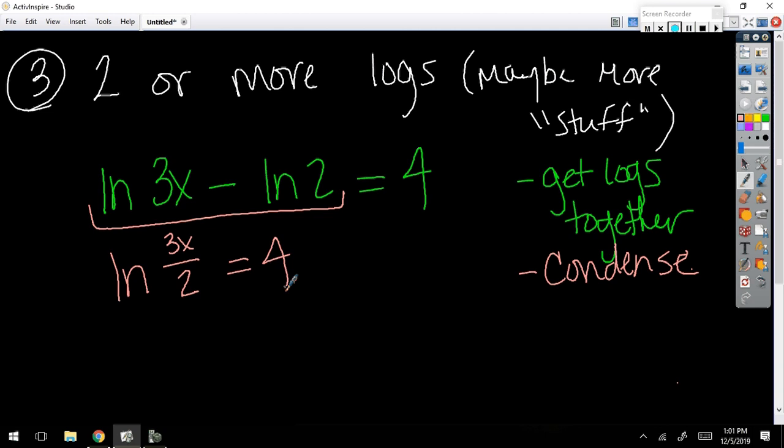Look back at your notes. If you've got one log isolated, change the form. How do you change this form?